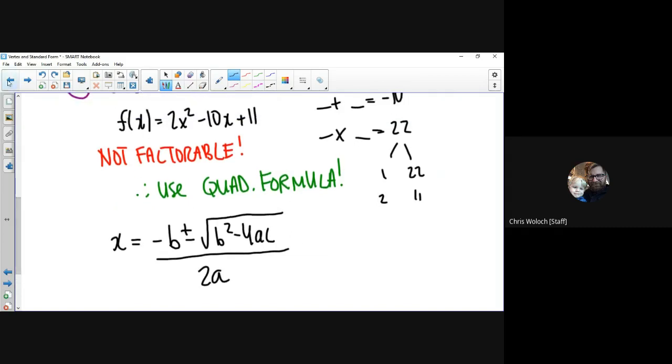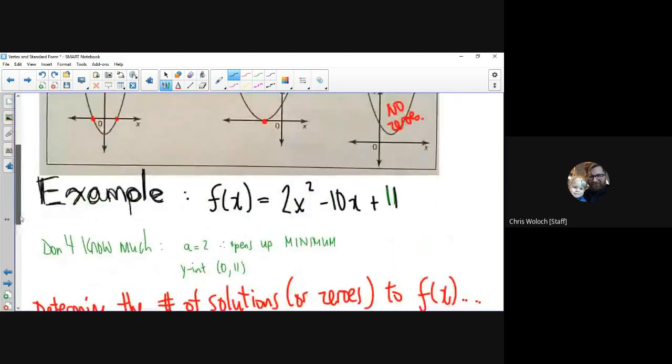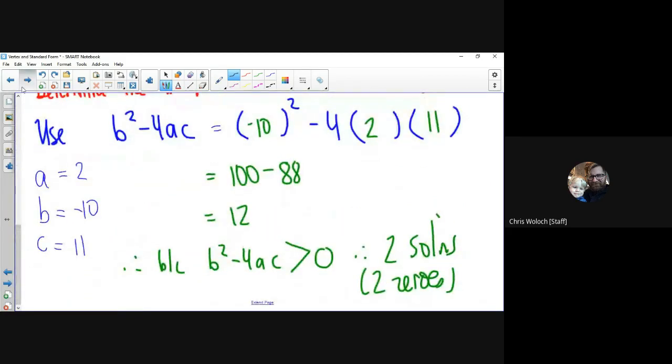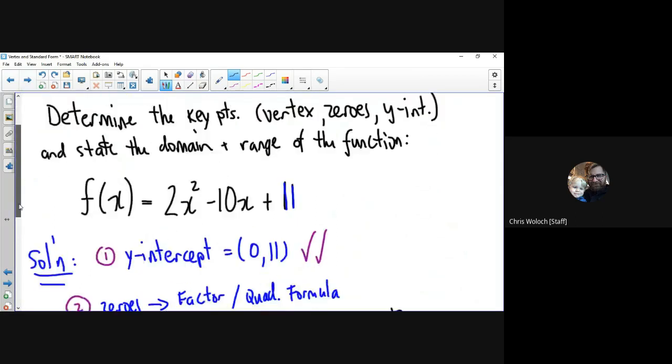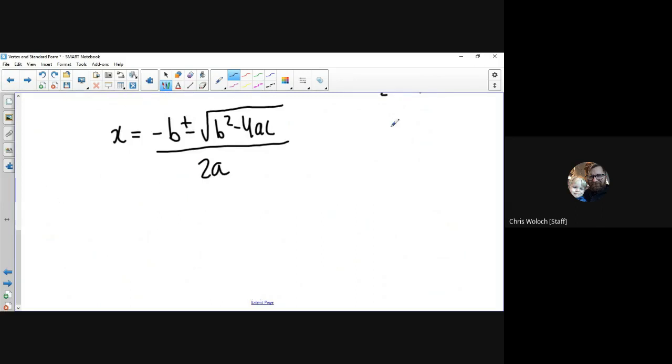Now, we already know from the previous question, because we're using the same function, this has two solutions. So when we're thinking about this, I know I should get two answers. And we also know what the discriminant is. We found it is 12, so I can plug that in. What we'll do is the same thing. a, b, c. So a was 2, b was negative 10, c is 11.